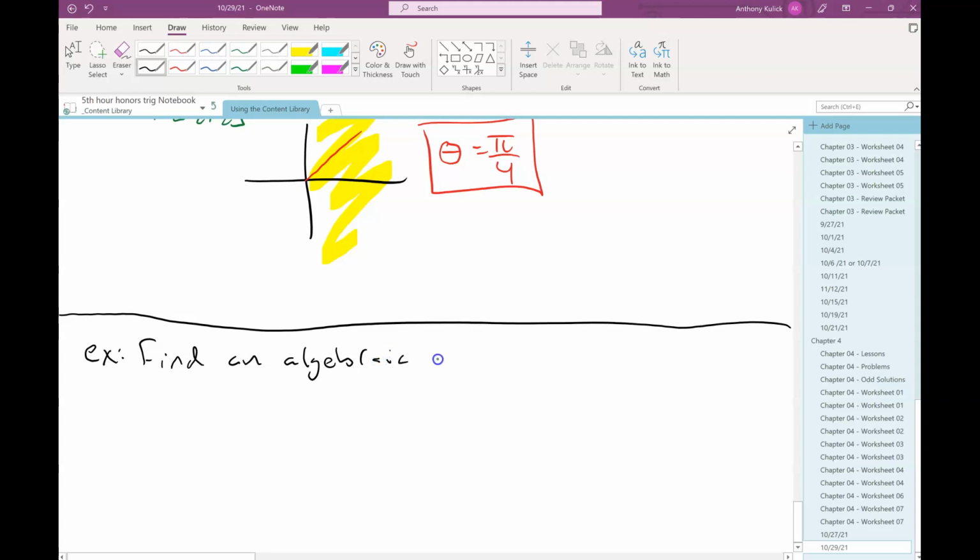So here we're going to be looking for an algebraic expression for sine of arc cosine 2x.